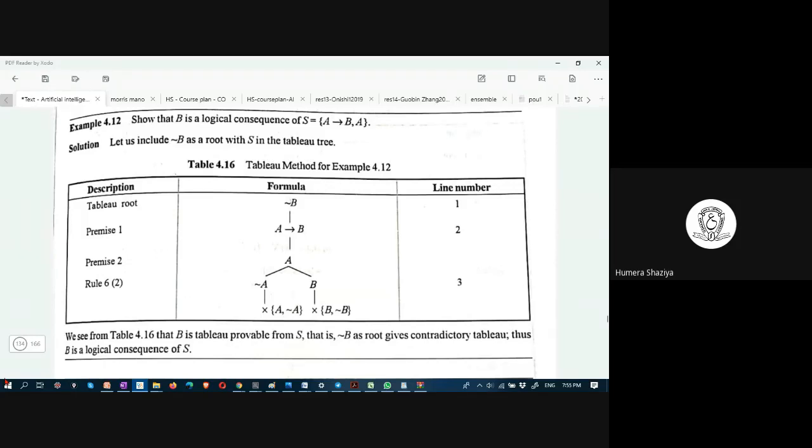Because here you have not A and B, not B. B, not B and not A is contradictory and the path has to be closed.